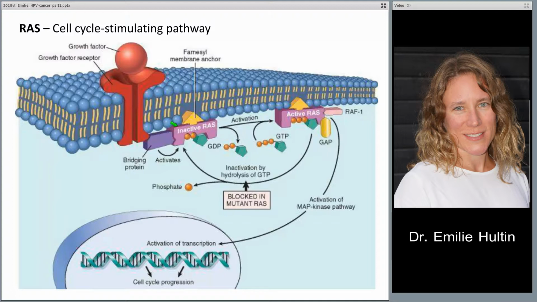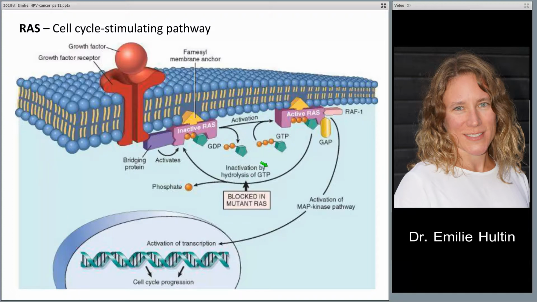And this RAS enzyme then becomes active and can then activate the MAP kinase pathway. And this kinase pathway will go into the nucleus of the cell and activate transcription of different cell cycle proteins. So the cell cycle will progress.